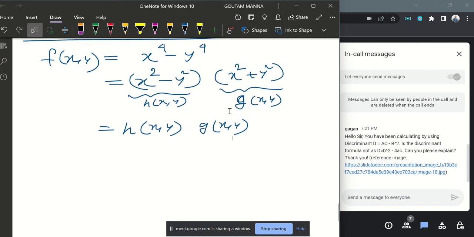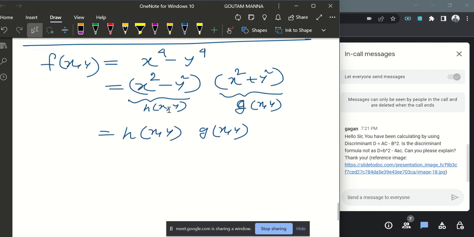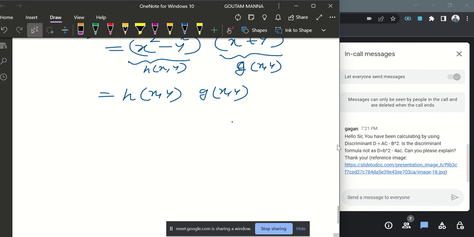So now f is the multiplication of these two functions, h of x y and g of x y. Now if you plot this g of x y, it's basically a kind of cone, a paraboloid in 3D. So g of x y will look like a paraboloid.